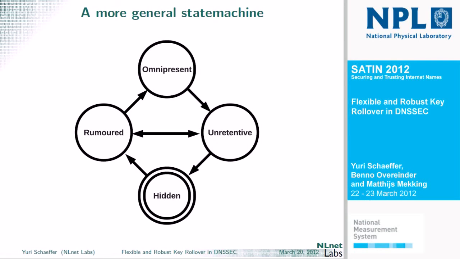Likewise, I have another certain state, which is omnipresent, meaning I know that everybody is able to use my record. Maybe it has it cached with a non-expired TTL, or when it asks for the data at me directly, it will get this record.